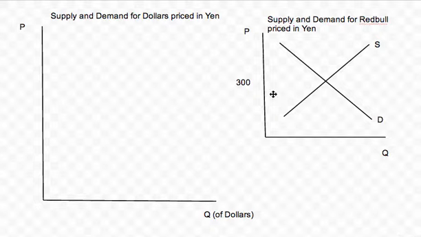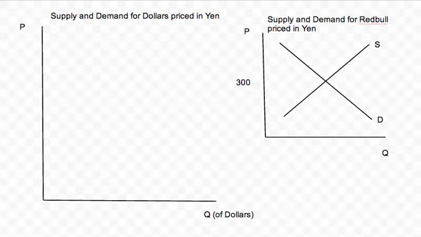What we don't often say here is actually the price here of 300 yen is per Red Bull, for each Red Bull. So when we say the price, it's always per Red Bull. And the quantity, of course, here is of Red Bull. You can use the same concept when we talk about currencies.